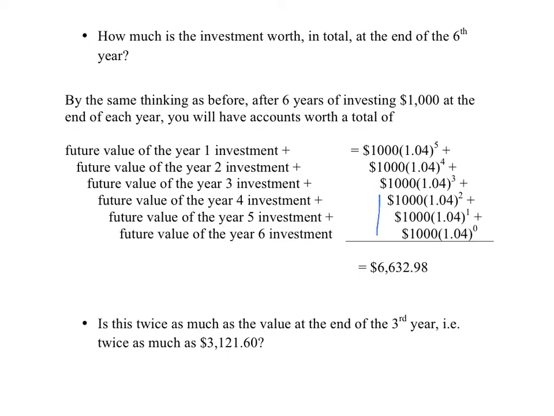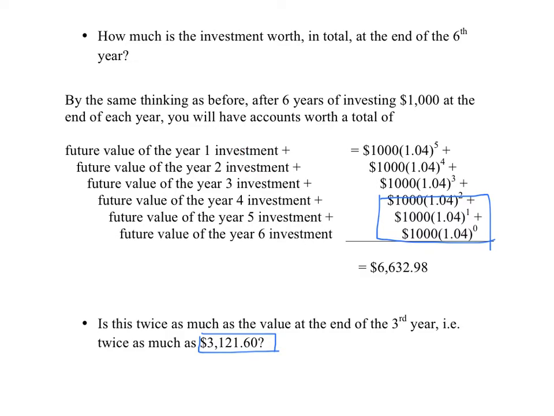This amount right here is exactly what we computed earlier. This is the result of 2 years sitting in the bank plus 1 year sitting in the bank plus no years sitting in the bank. When we look at 6 years worth of making $1,000 deposits, we have the year 1 investment.